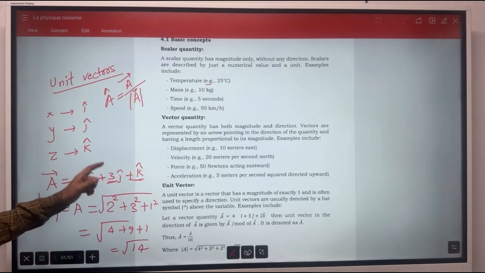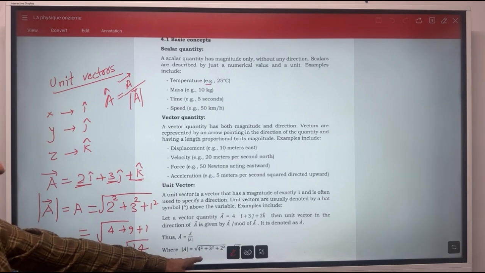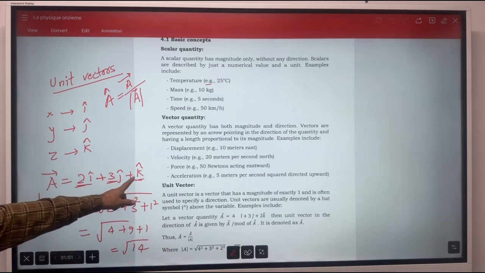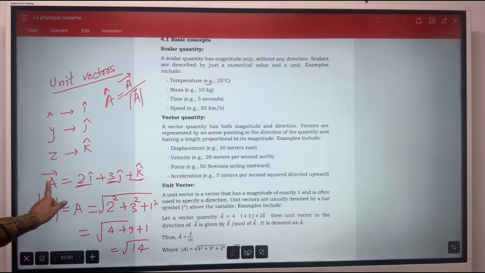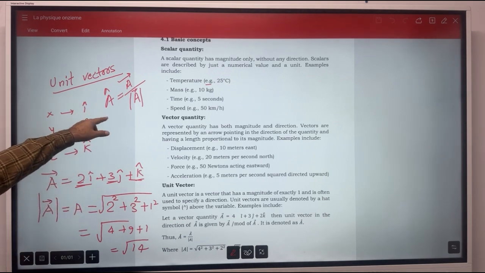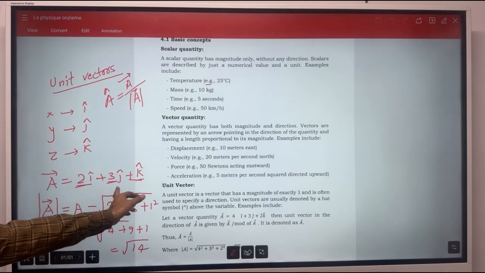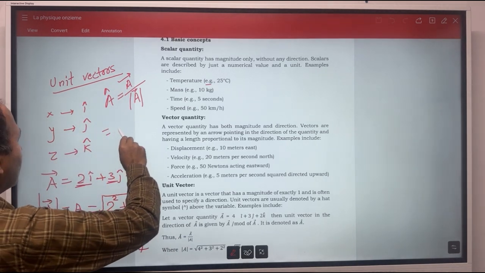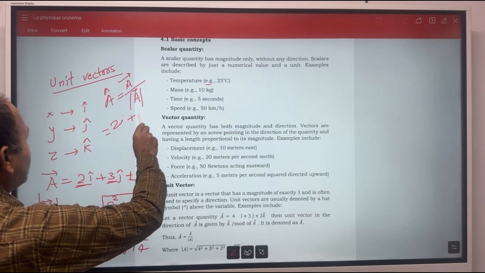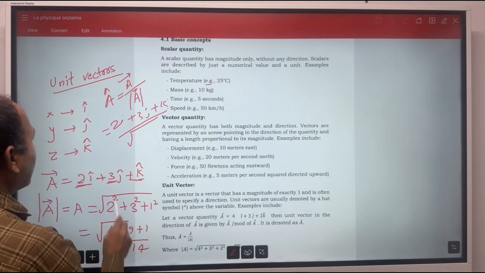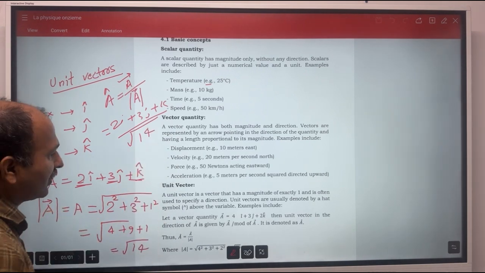Suppose we are given vector A equal to 2i plus 3j plus k, and we want to find the unit vector in its direction. For that purpose we write A cap equal to vector A divided by modulus A. Vector A is the same, so you can write it as 2i plus 3j plus k, divided by its magnitude, that is root 14. I think you have understood.